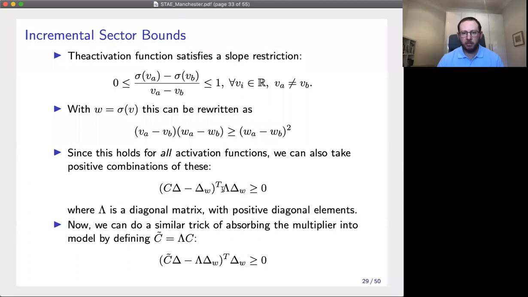Here we basically do the same thing to make this inequality jointly convex in the multiplier and also the model term C. We just introduce a new variable C tilde, which is lambda times C. This is a standard thing in control theory. So basically now we get an inequality which is linear in terms of C tilde and lambda. And since lambda has positive elements and is diagonal, from C tilde we can easily recover C. So now we've got a linear inequality in terms of our model parameters, which defines the activation functions.